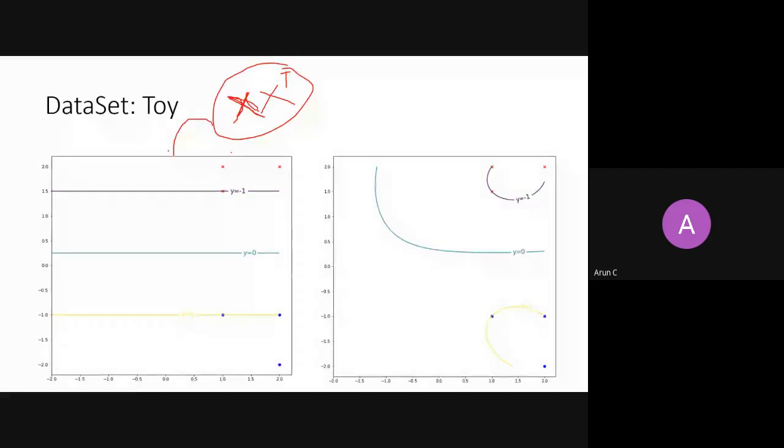But if you still want to use that magical power of projecting into infinite dimension and find a hyperplane using the Gaussian kernel trick and project back into two dimensions, the hyperplane will look like this, which is non-linear, because these were hyperplanes in infinite dimension, not in two dimensions. When you project it back, it will be curves.